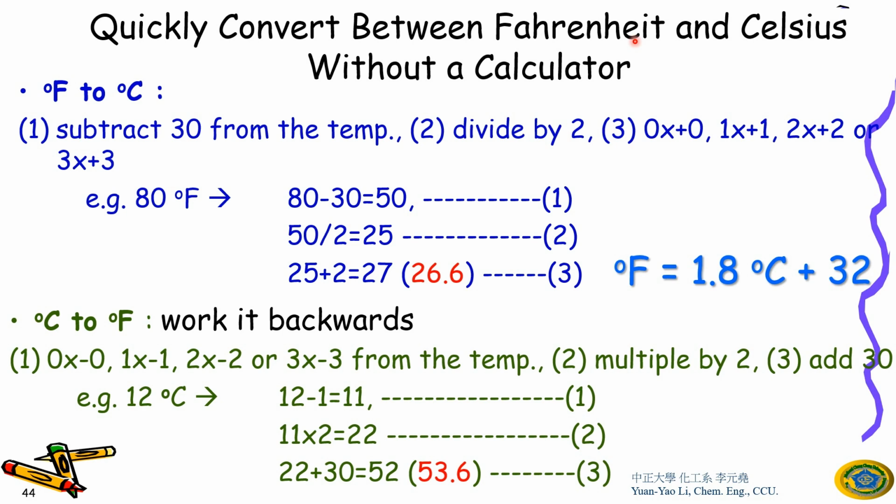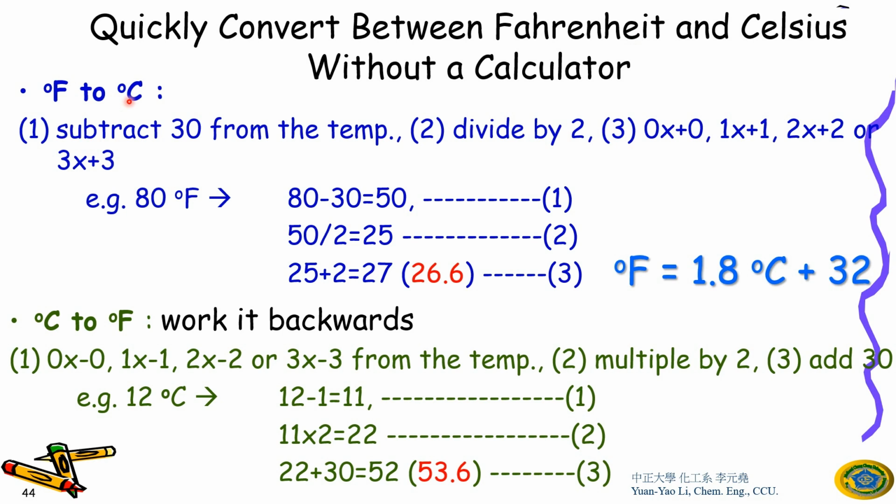Right, when I was in the United States, somebody told me there's an easy way to do the calculation between Celsius and Fahrenheit without using 1 Fahrenheit equals 1.8 Celsius plus 32. How to do that? It's easy. You can count this by yourself. For example, when I went to the United States a few years ago, at Stanford University, I didn't know whether 52 Fahrenheit is cold or warm.